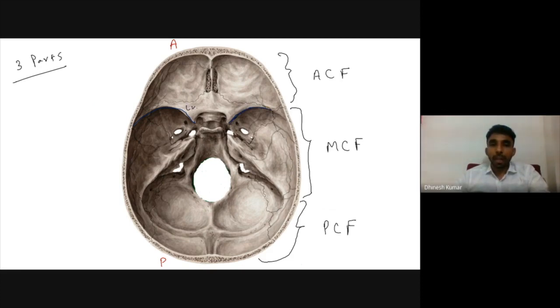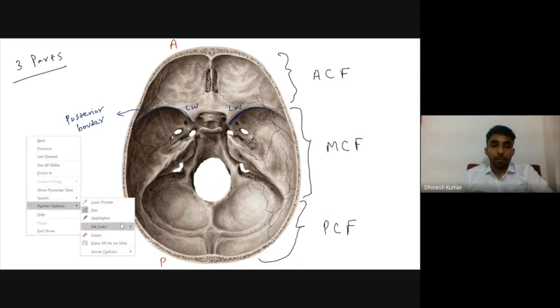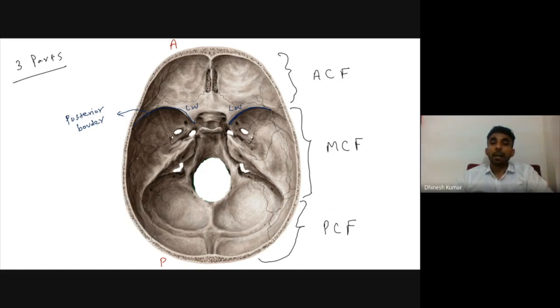So right now I am marking the lesser wings of sphenoid. This posterior border of lesser wing of sphenoid bone forms the boundary between anterior cranial fossa and middle cranial fossa.